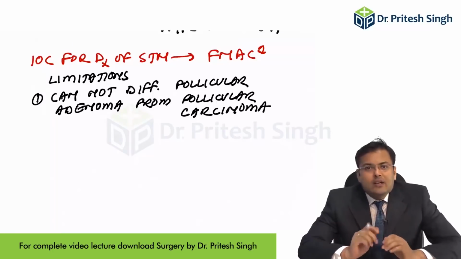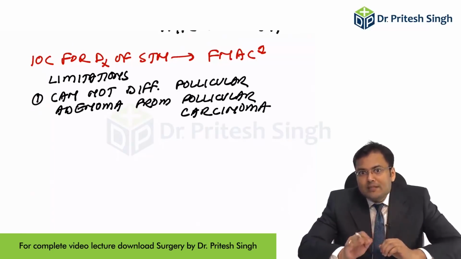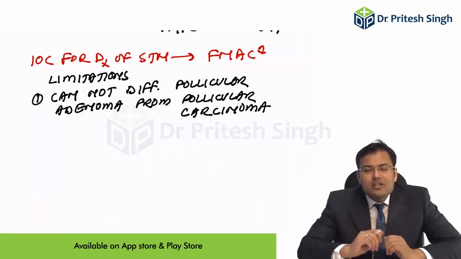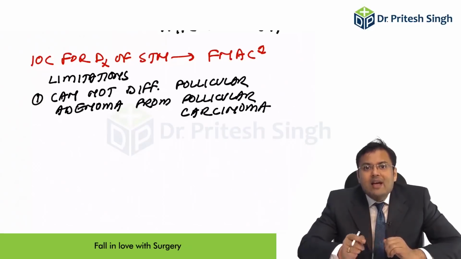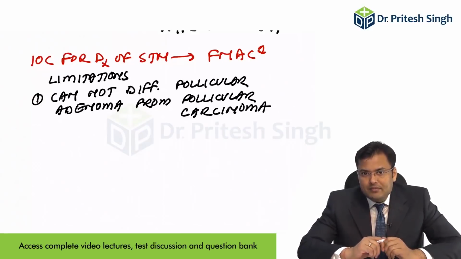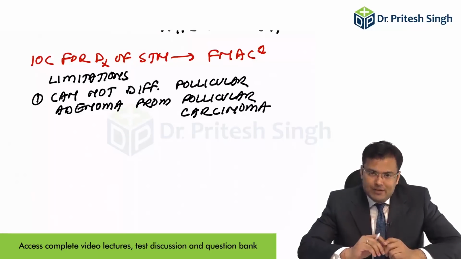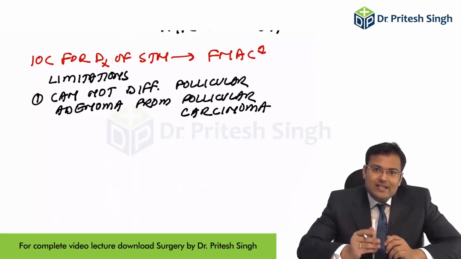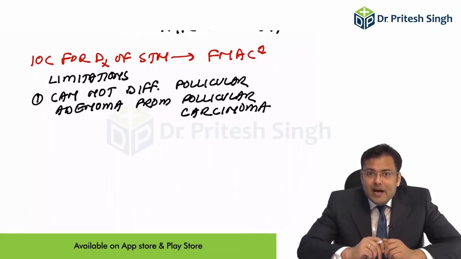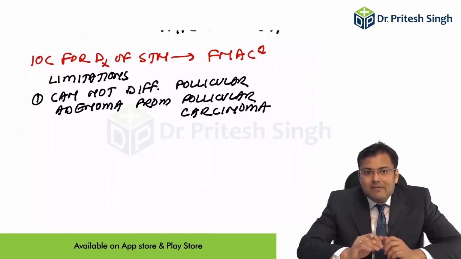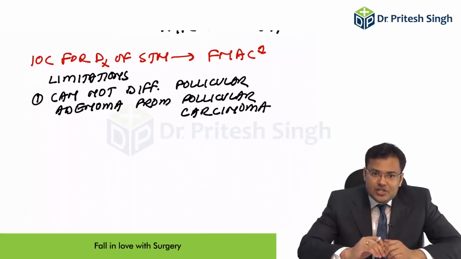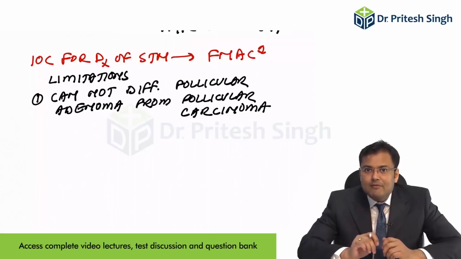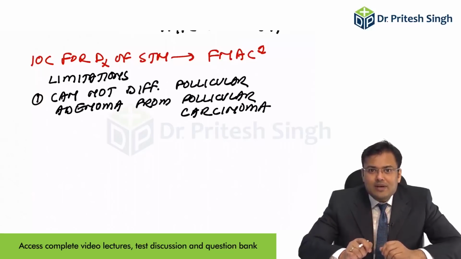Because the diagnosis of follicular carcinoma is based on vascular invasion and capsular invasion, which is not detected on FNAC. It can only be diagnosed on biopsy. That's why FNAC cannot differentiate follicular adenoma from follicular carcinoma.